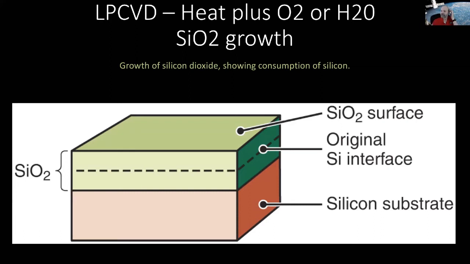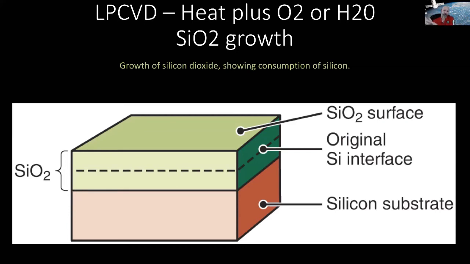We use silicon dioxide as an insulator, oftentimes, or as a sacrificial layer between moving parts if you're making MEMS devices, and then you remove the silicon dioxide when you're done.